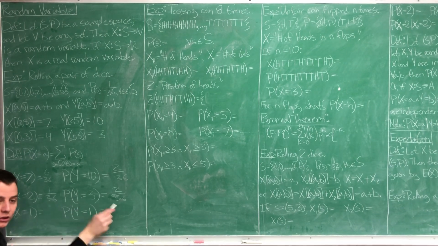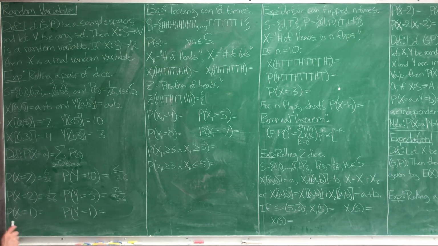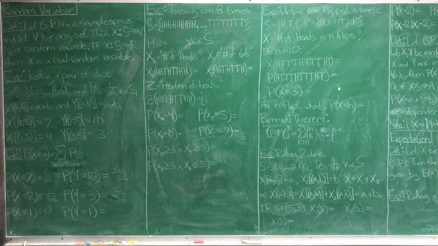You can roll 1, 3 or 3, 1. Good. What's the probability that x is equal to 1? 0. Notice that for most of the things I put here, the probability of x being that thing is going to be 0. Right? What's the probability that the sum of the rolls of my two die is 1?